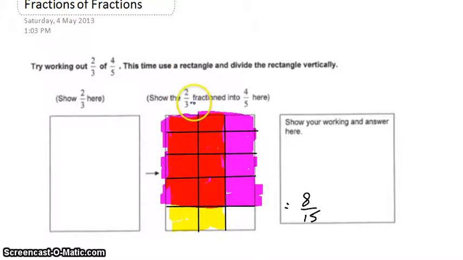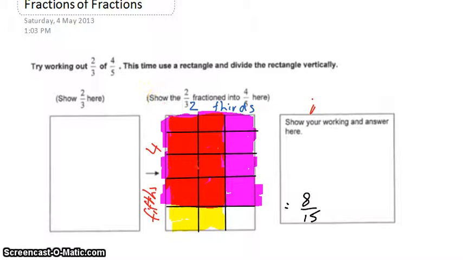I'm going to write 2/3 up the top here because this really shows along here I've got 2 out of 3. And then with red I'm going to show 4/5.